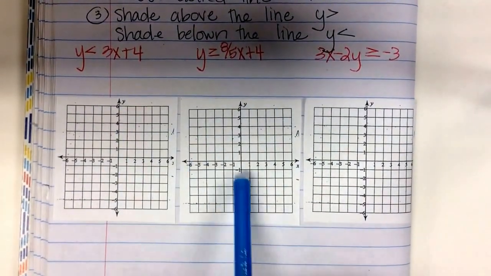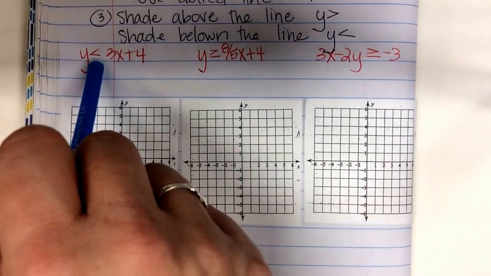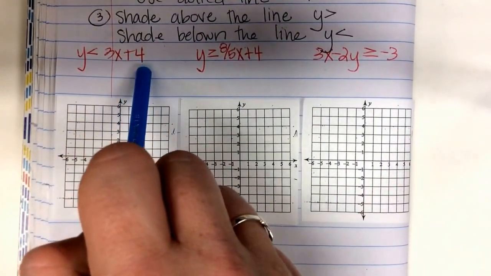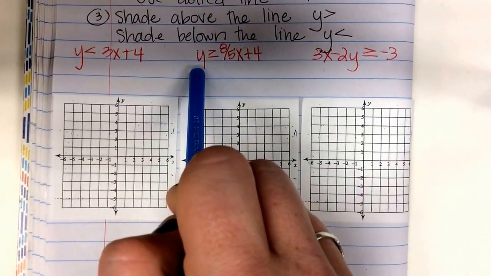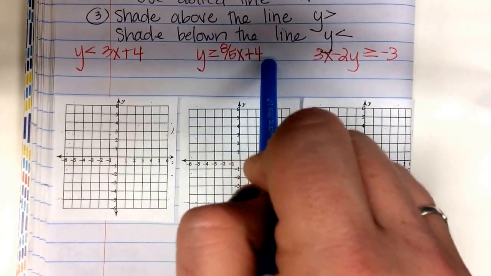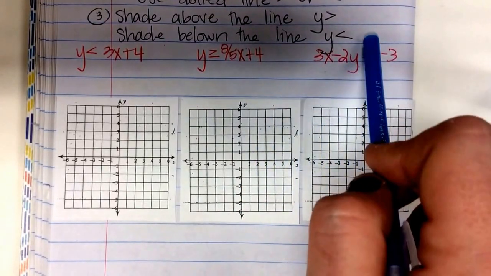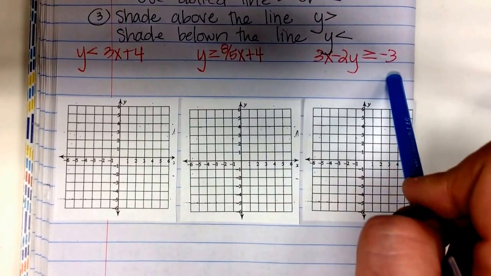So you've got your 3 graphs and you've got your 3 inequalities. Y is less than 3x plus 4. Y is greater than or equal to 8/5 x plus 4. And 3x minus 2y is greater than or equal to -3.